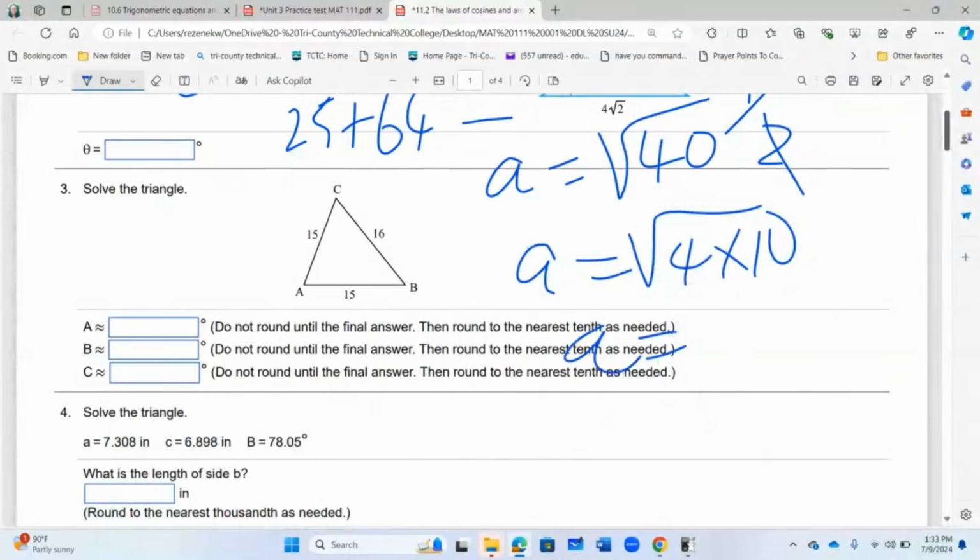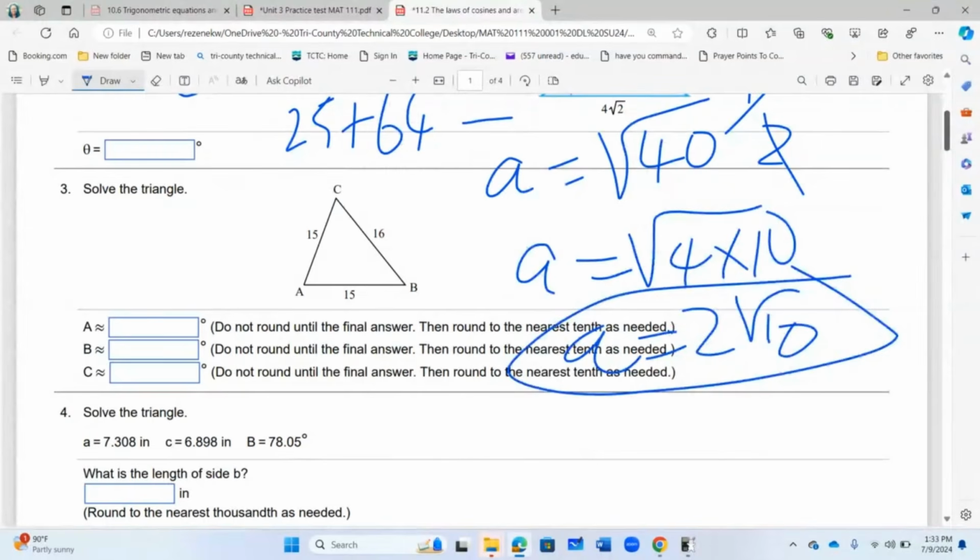So A is 2 root 10. Even though they told me not to use my calculator, you have to use your brain. All they want is that your answer should not be in decimal, but wherever you can, your answers will be in exact form.